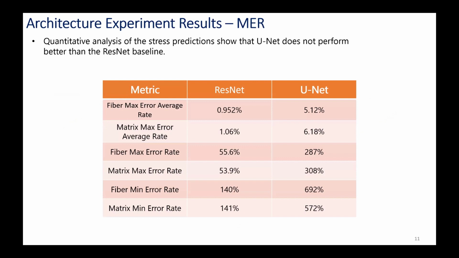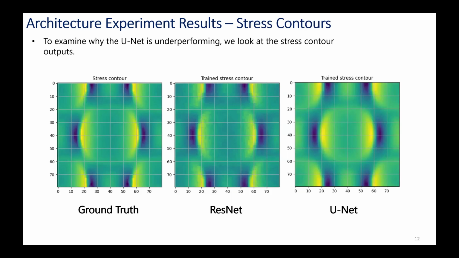So looking at the results for this experiment with using the UNet. Unfortunately, the UNet performed not as well as the ResNet baseline in basically any error metric. As we can see, all the error rates are much larger on the UNet side, and I'll go over why that is the case, because it's not as simple as it just being worse.